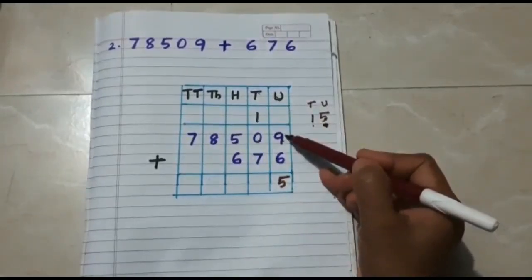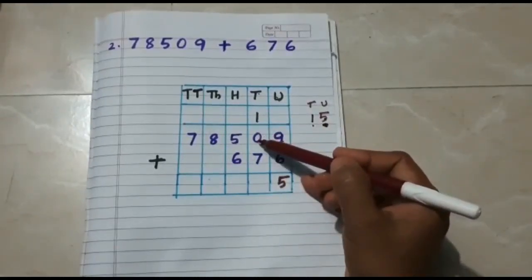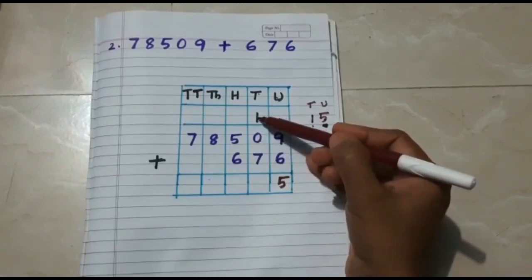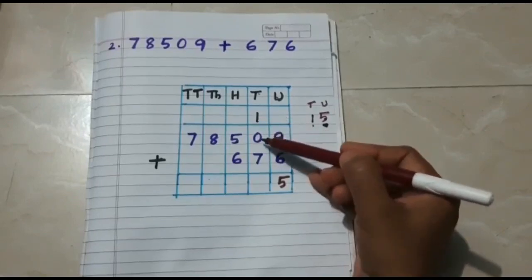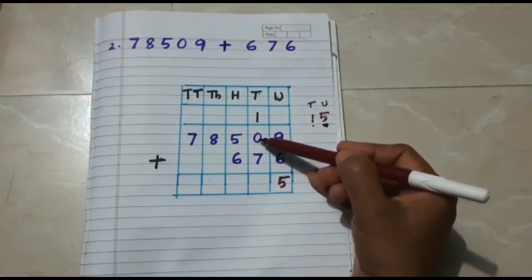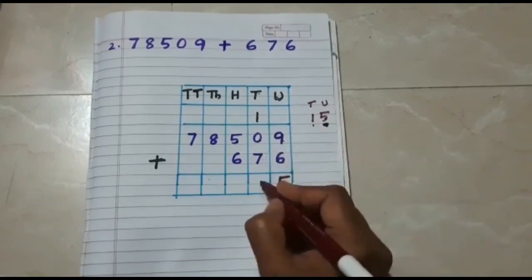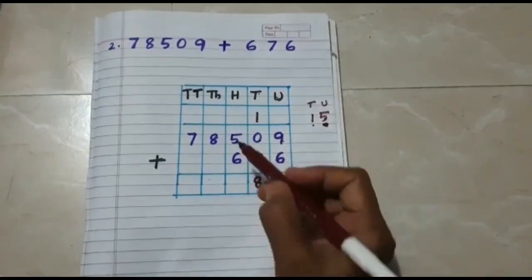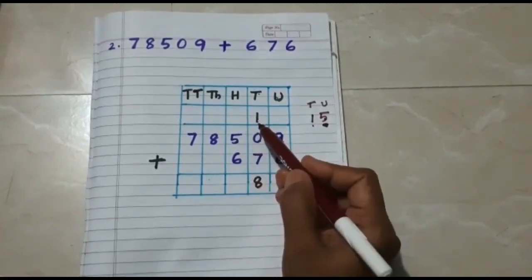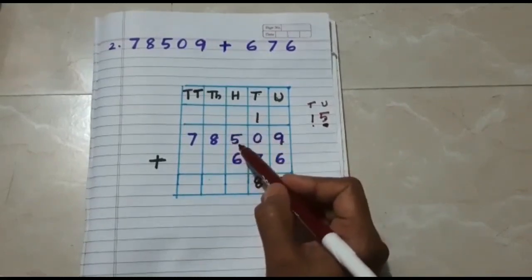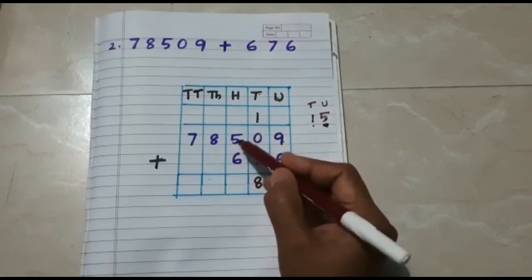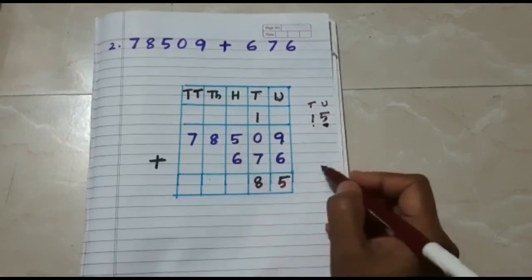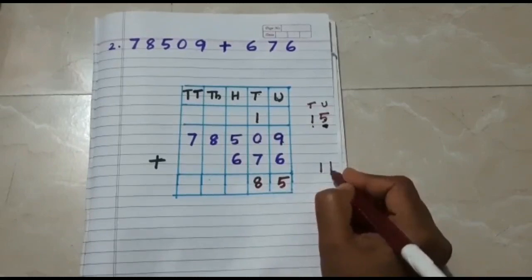Now we have finished with the units. Now we move on to tens. Now this 1 we are going to add now. 1 plus 0 is 1 and 1 plus 7 is 8. Followed? Now addition in the tens place is over. Now we move on to the hundreds place. 5 plus 6 is 11.